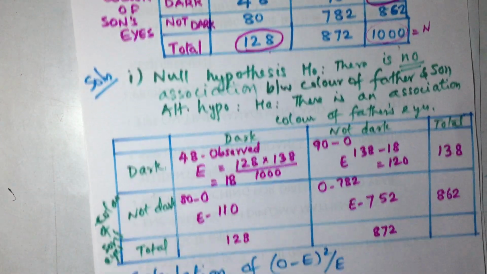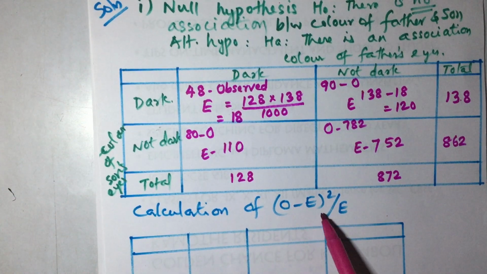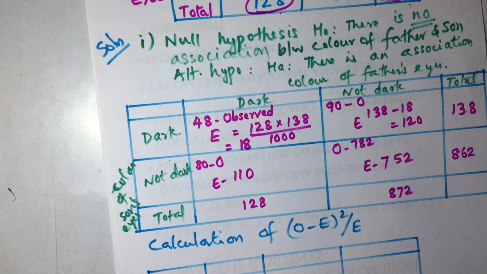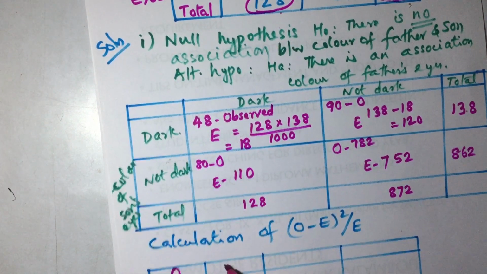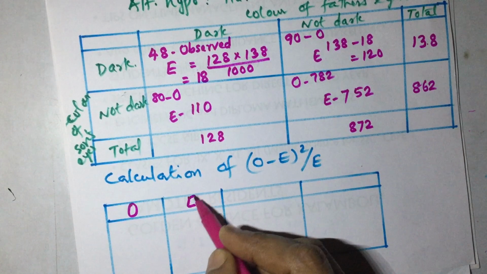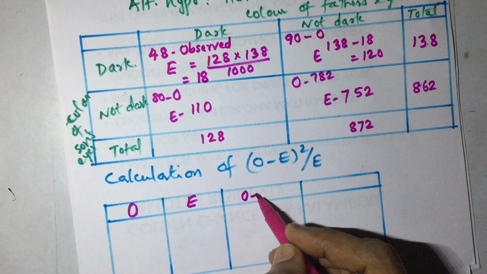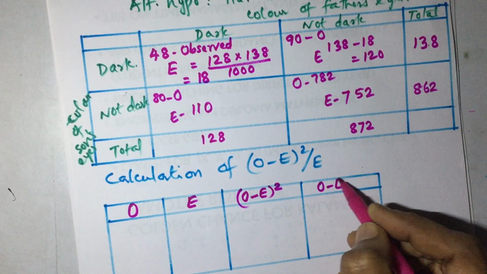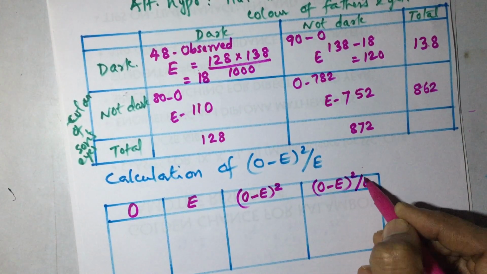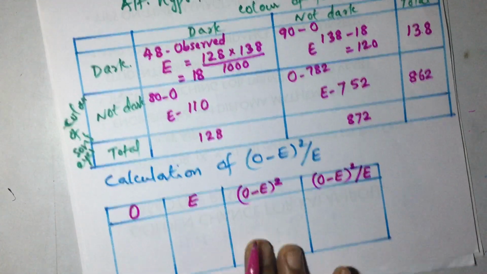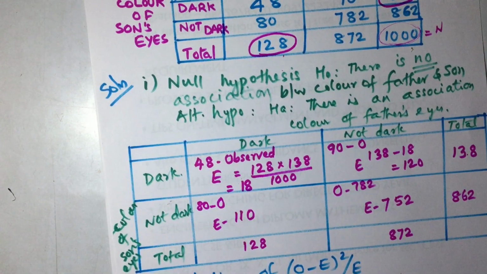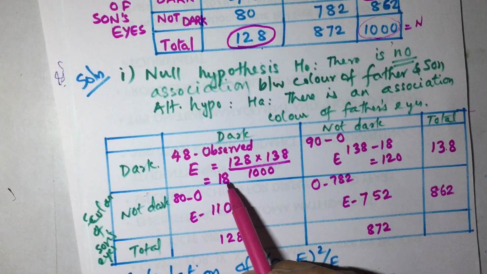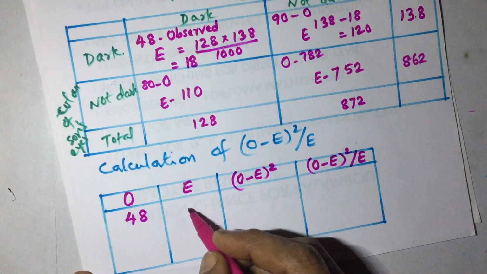Now we need to calculate O minus E the whole square divided by E. So the corresponding values I will write here: observed frequency, expected frequency, then O minus E the whole square, and O minus E the whole square divided by E. Here the observed frequency is 48, and the corresponding expected frequency is 18.